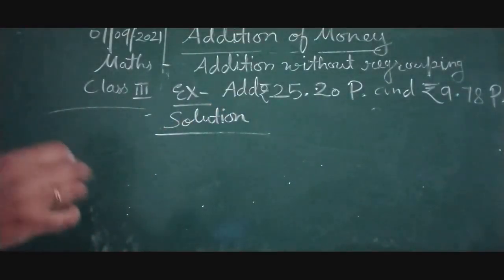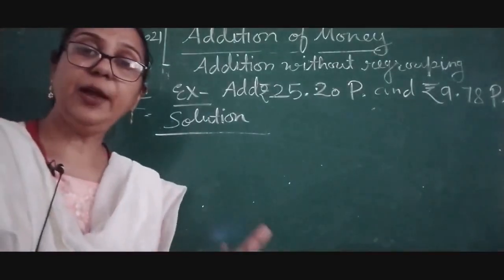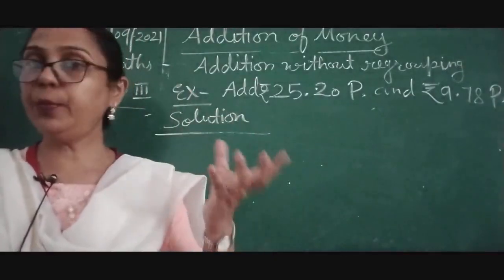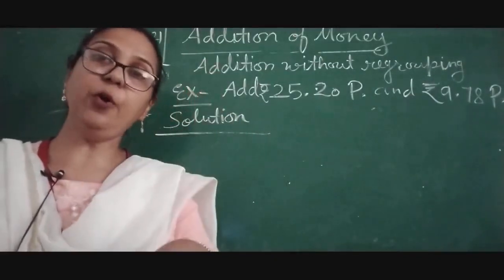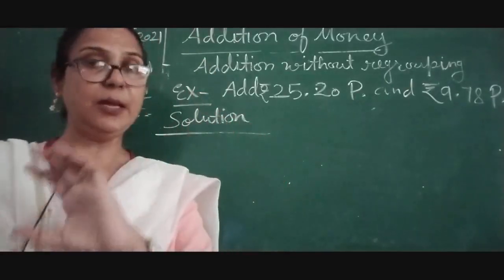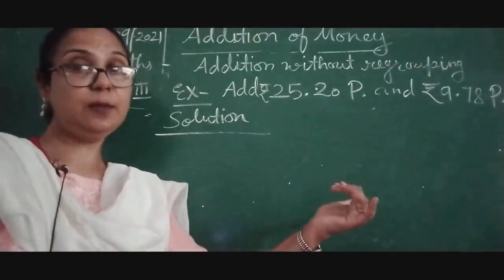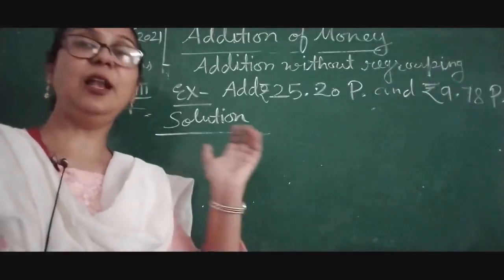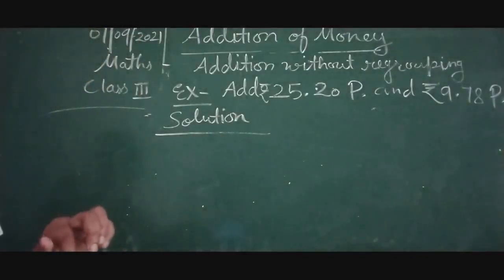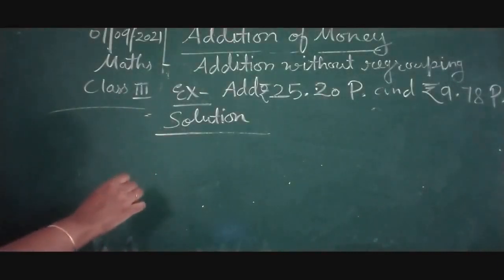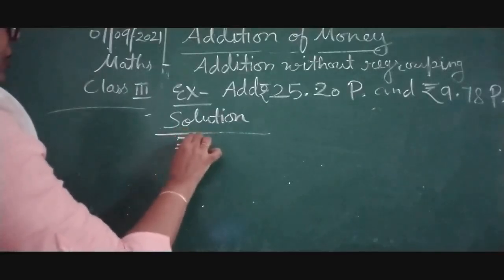Add paise to paise. The concept of adding: first you will add paise to paise, then we will add rupees to rupees. Because after the point, first you will write rupees, then we will write paise. So first we will start from the paise, and then we will add rupees. अब यहाँ पे देखिए क्या करना है हमें, rupees and paise.